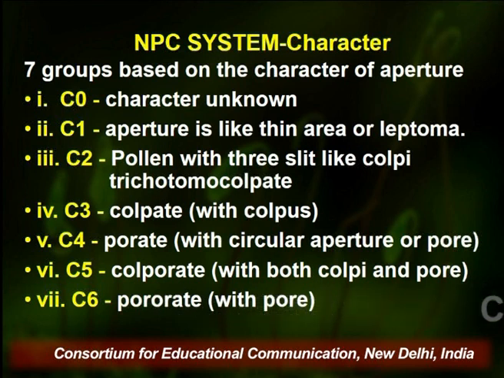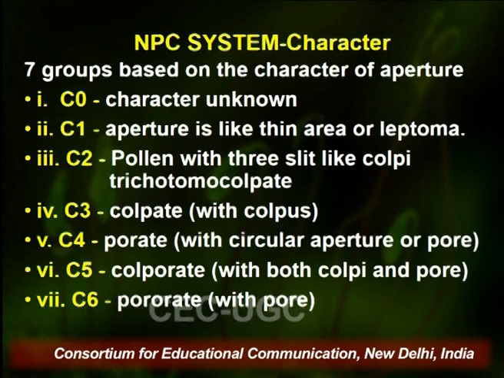C2 is pollen with 3 slit-like colpi. C3 is colpate, that is, like a colpus. C4 is porate. Porate is with a circular aperture or a pore. C5 is colporate with both colpi and pore. C6 is pororate with a pore.